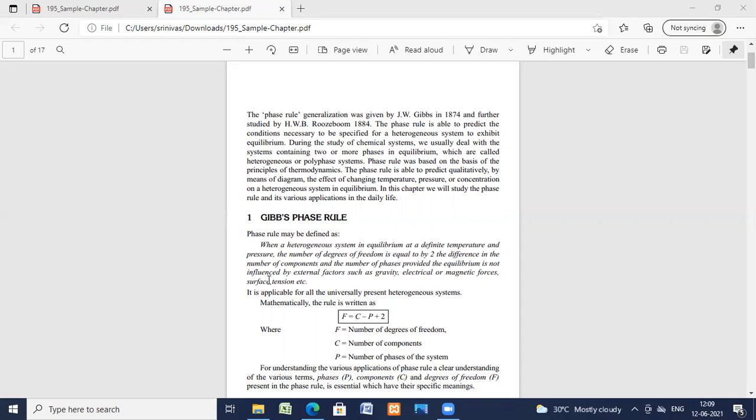So, simply, how do we define the Gibbs phase rule?